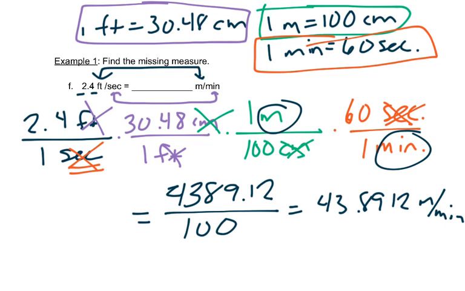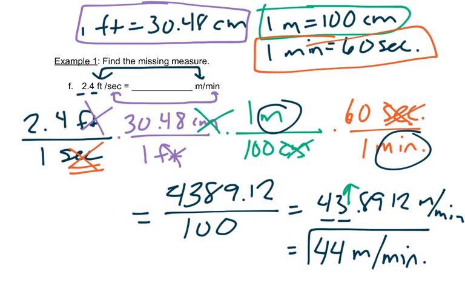Again, significant digits. I only had 2 here, so at the very end, I only want 2. So the 8 after the 3 tells us we need to go up, so we'll call it 44 meters per minute. Notice we don't do any rounding in the middle of the problem. We'll wait till the very end to do any rounding.